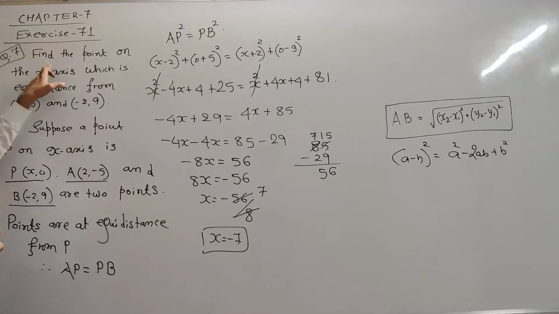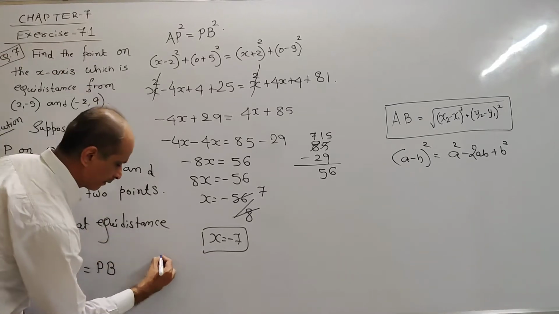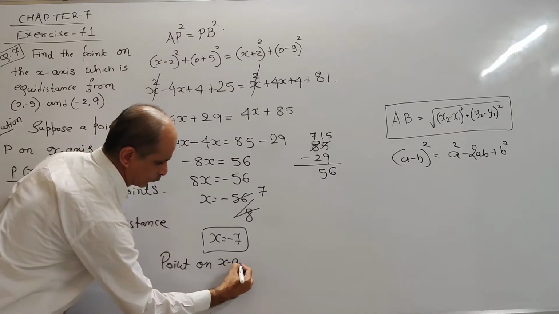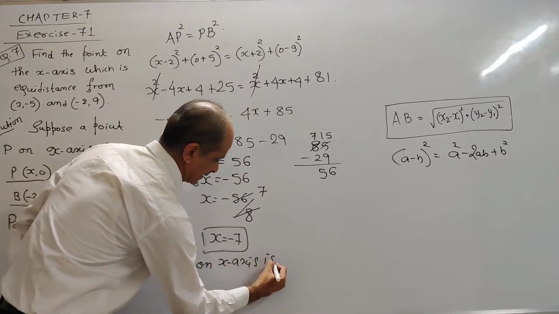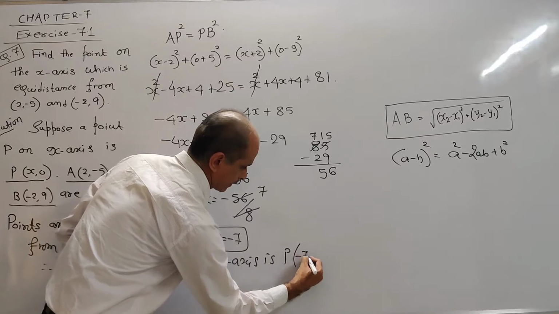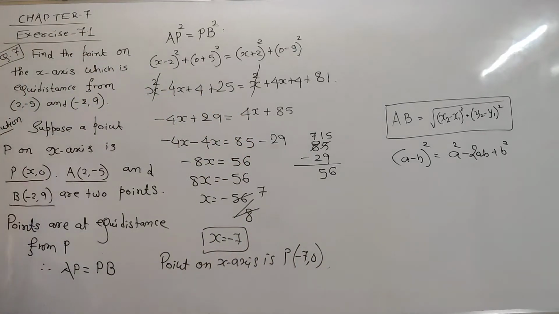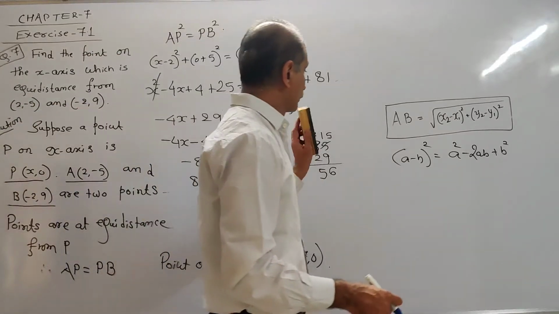Therefore, the point on the x-axis is P(minus 7, 0). This is a very important example on the basis of your examination.